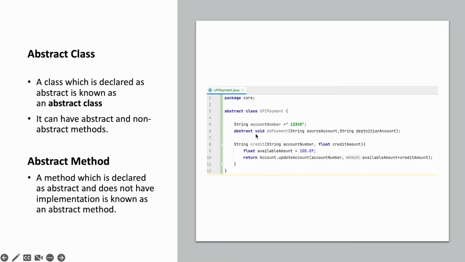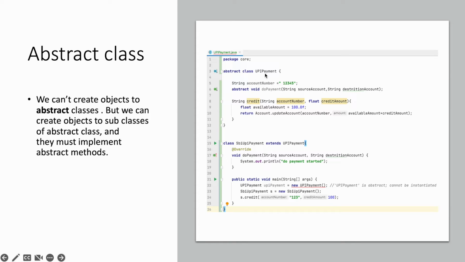If a class is having abstract methods, those abstract methods will be implemented in the subclass. We cannot create objects of abstract classes, but we can create objects of its subclasses. By using a subclass object, we can access the abstract class methods.